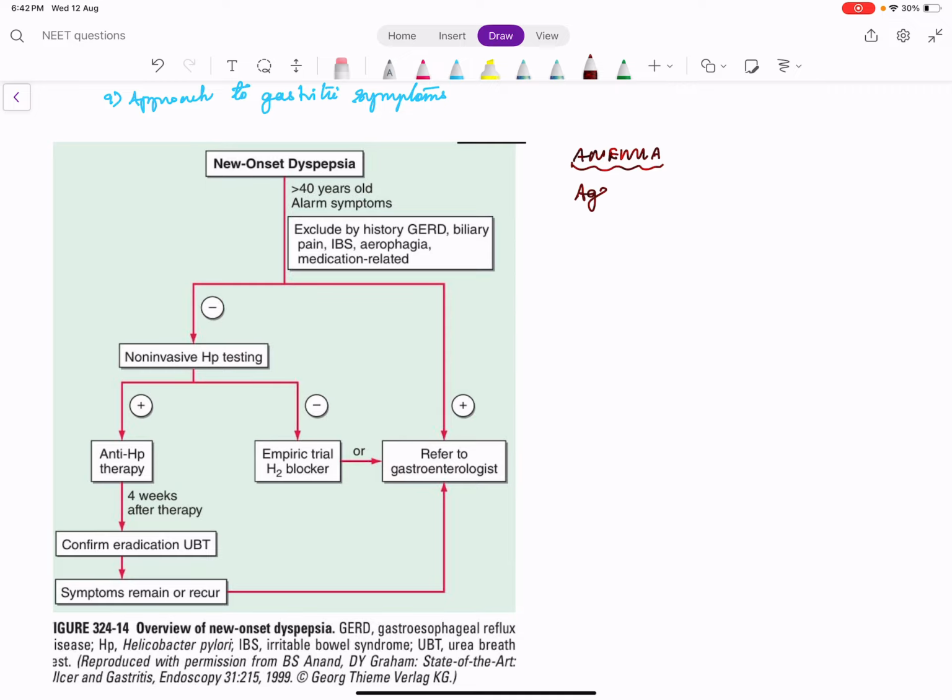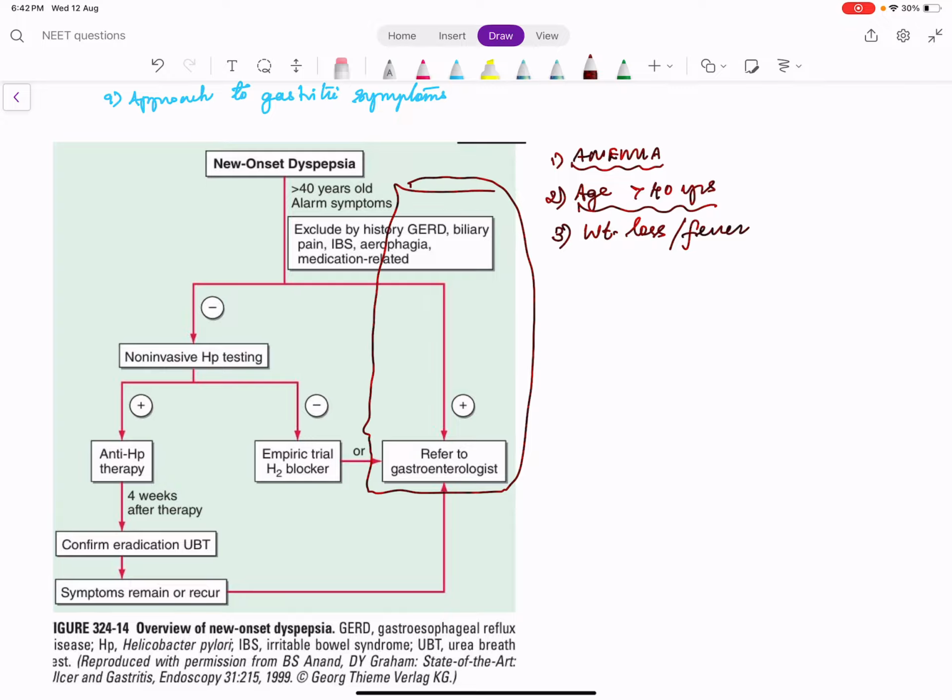So what are the other red flags or alarm symptoms? Age more than 40 years, presence of anemia, presence of weight loss or fever, emaciation. If some of these symptoms are present, we are supposed to send the patient to a gastroenterologist, right? At least remember this one.